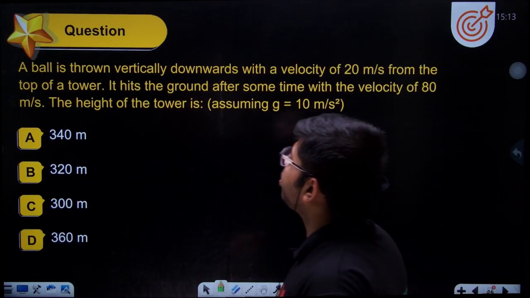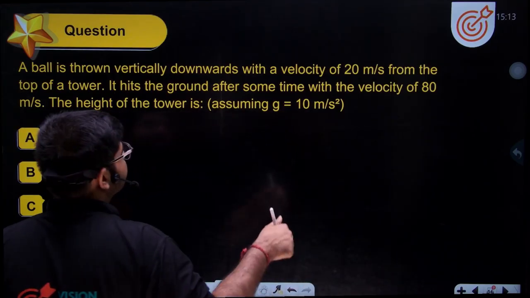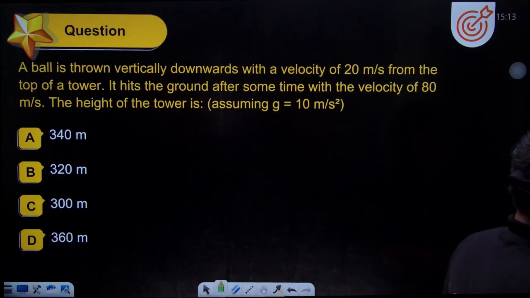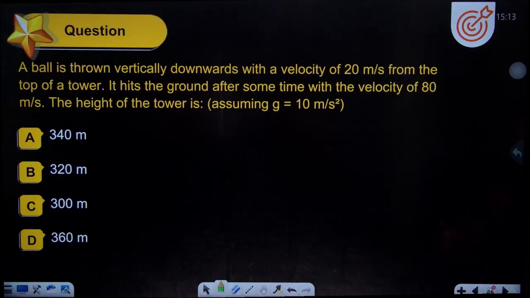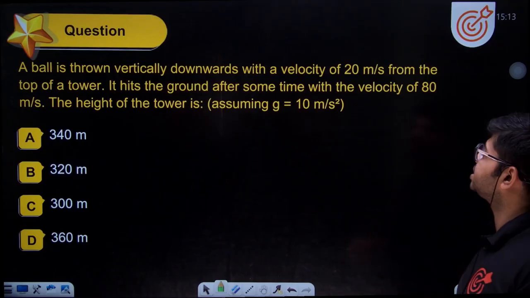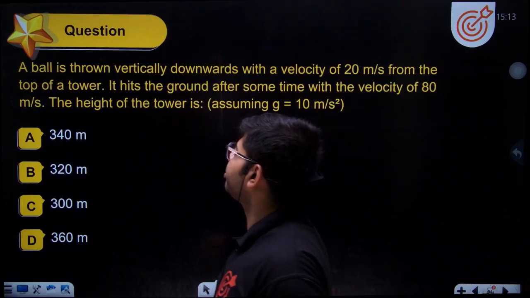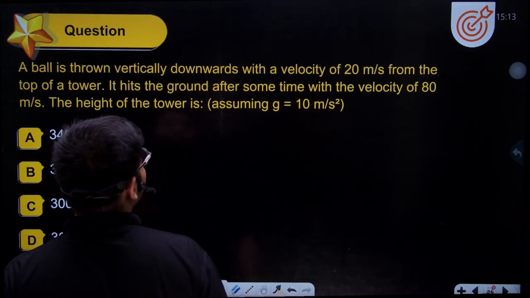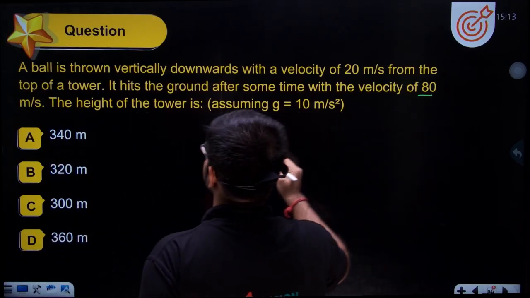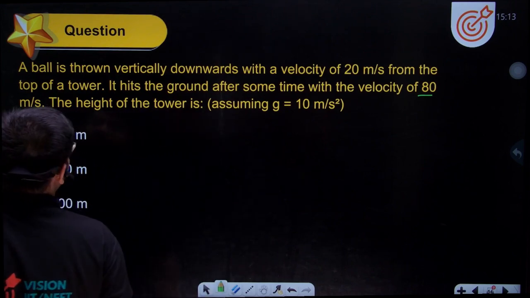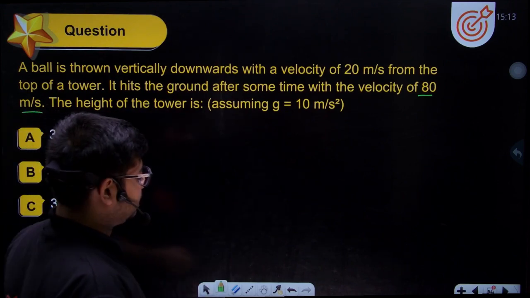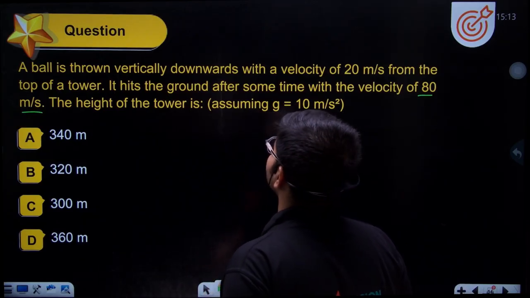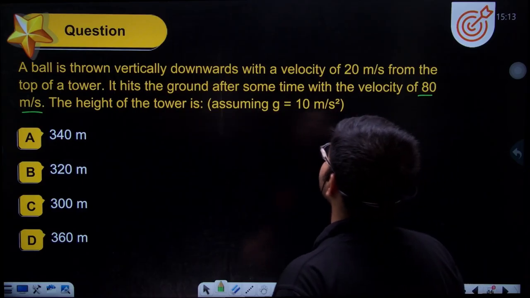A ball is thrown vertically downwards with a velocity of 20 meter per second from the top of a tower. It hits the ground after some time with a velocity of 80 meter per second. The height of the tower is asked.